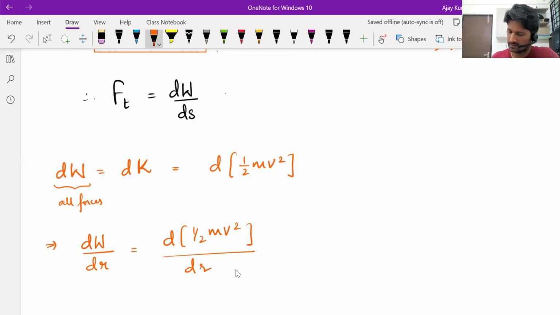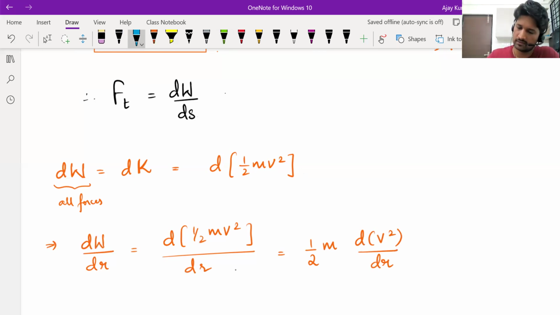Okay, let's differentiate this. Half and mass of the particle are constants, so you'll have to differentiate v square with respect to r. Can one of you tell me what is the derivative of x square? What is the differentiation of x square with respect to x? 2x, sir. 2x.